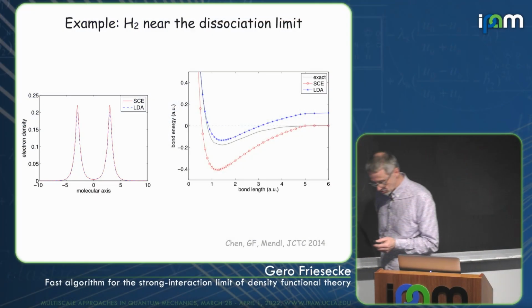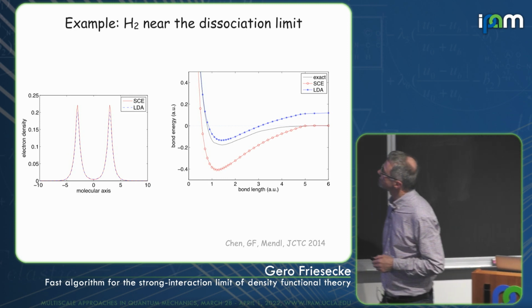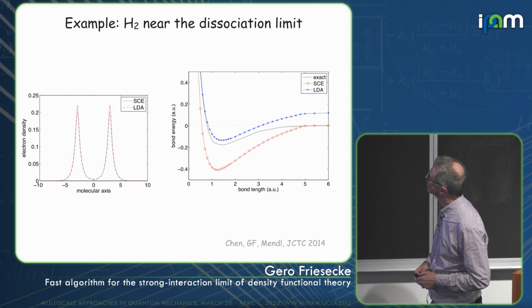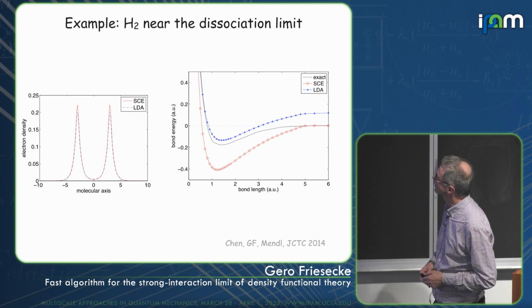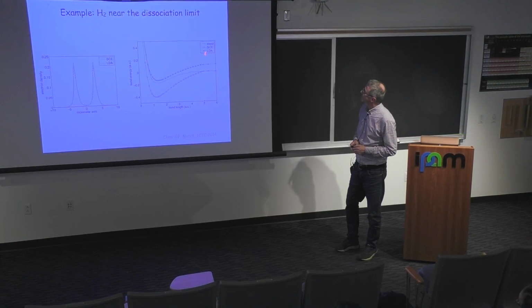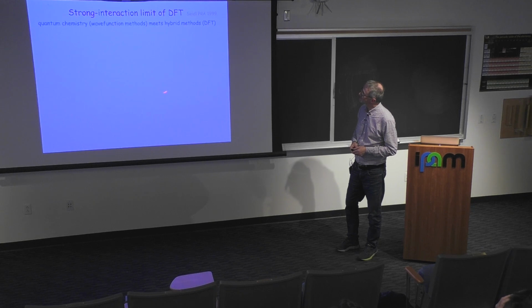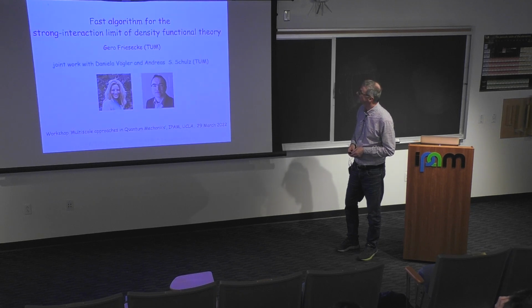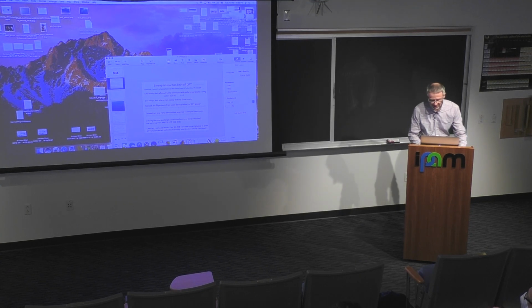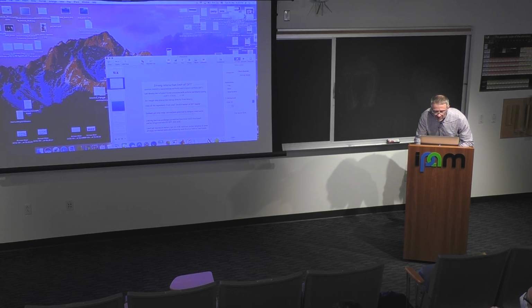That's the H2 molecule in the dissociation limit. The black curve is the truth, so full quantum mechanics. The blue curve is the LDA, and the red curve is Kohn-Sham with the SCE functional, KS-SCE.